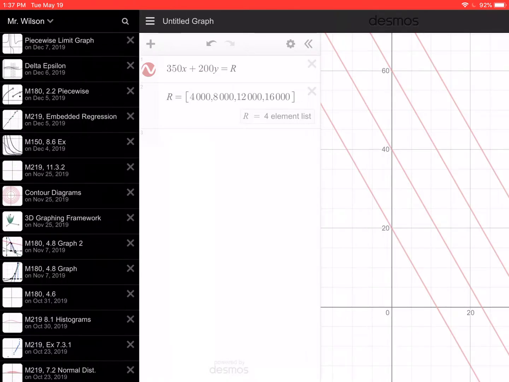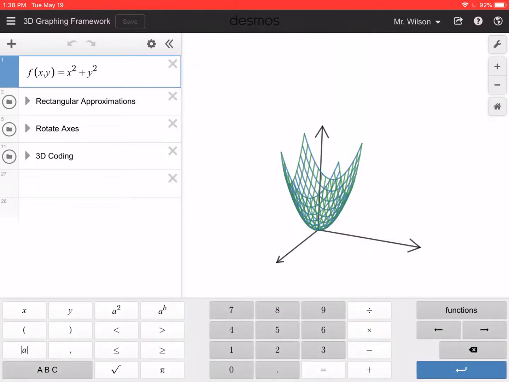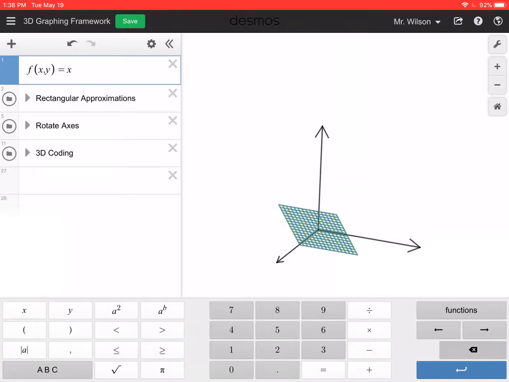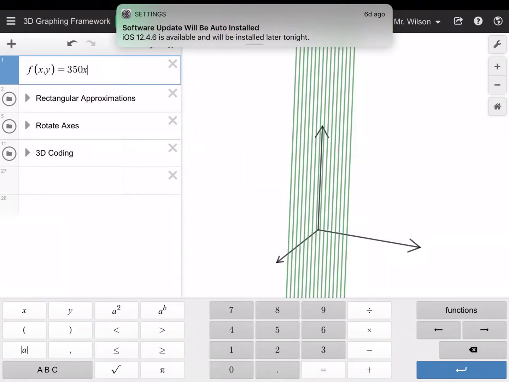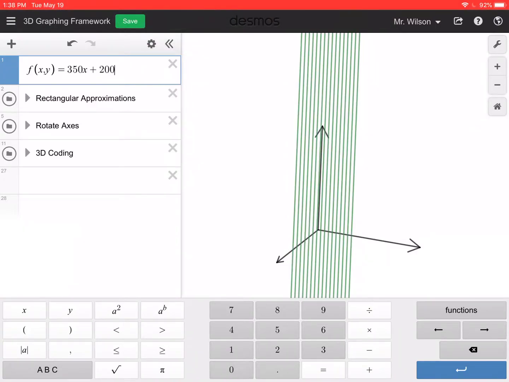Here we go. This is a different graph that we might work with at some point. But let me just get rid of this. So we have 350x plus 200y.